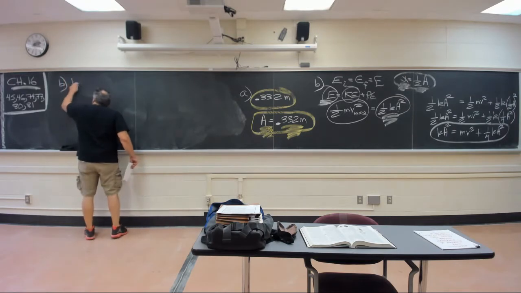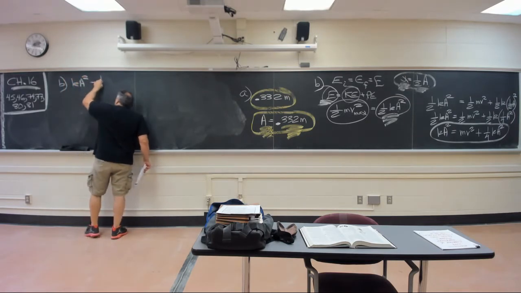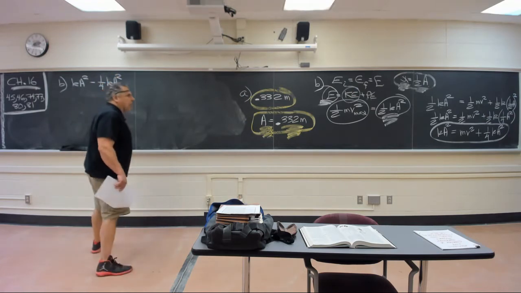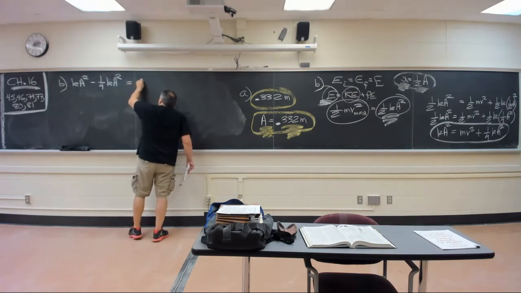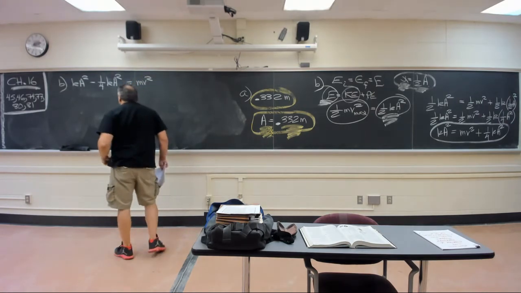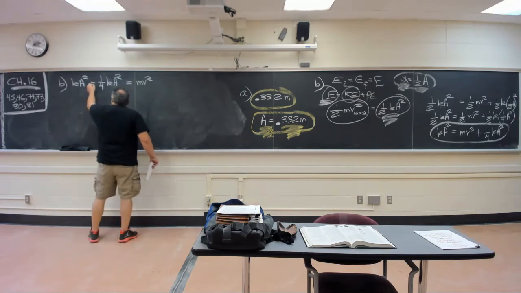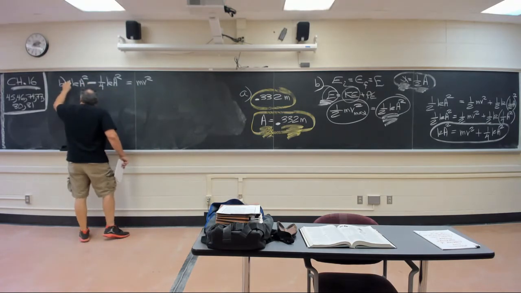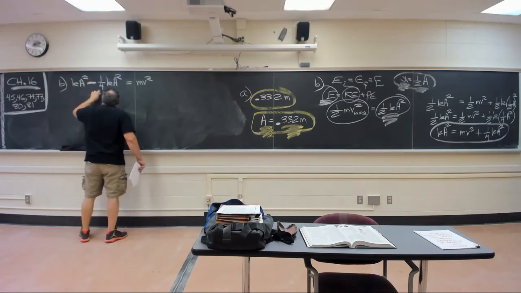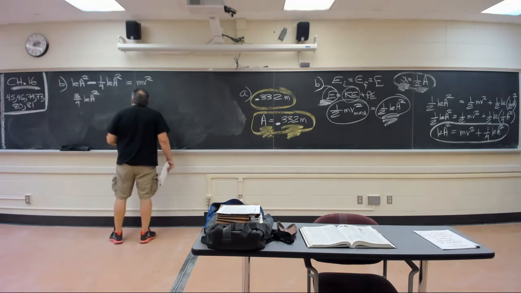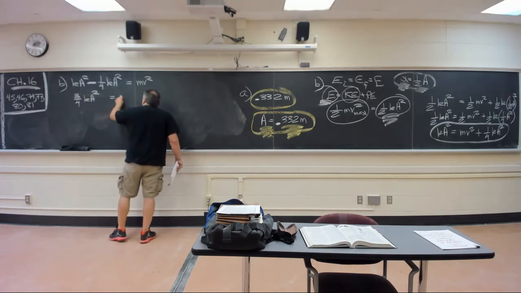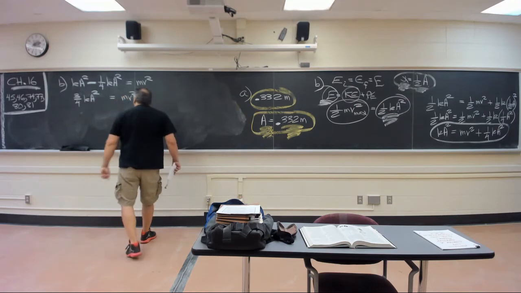So I got K A squared minus 1/4 K A squared equals m v squared. 1 K A squared minus 1/4 K A squared is 3/4 K A squared equals m v squared.